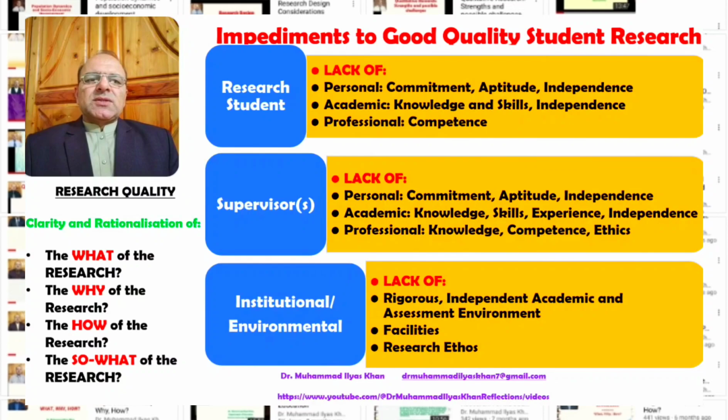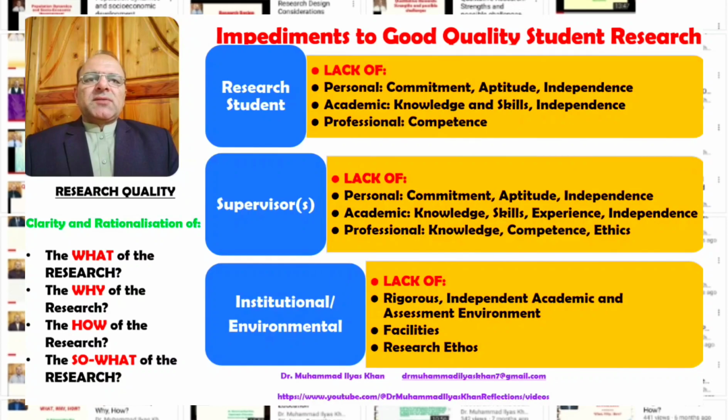And lastly, research ethos or the philosophy of the particular institution related to the process and product of research. That is very important. An environment that is actually encouraging rigorous ethical research will have a very good impact on the quality of research.